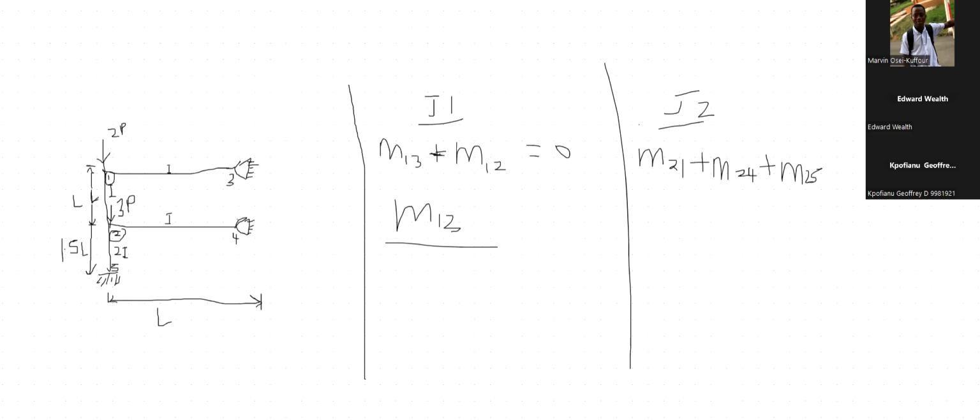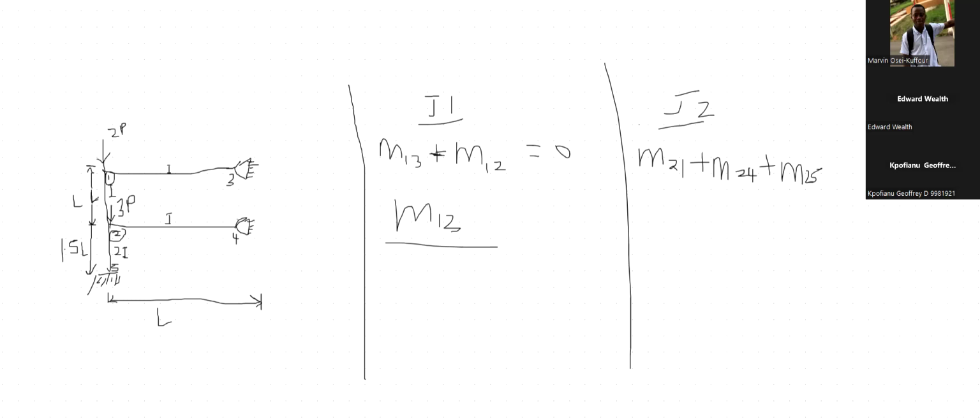You have to be able to know the differences, and it's part of the conditions. If you have a pin at the end and there is no load passing through it, you use 3EI over L. That is the condition for that side.